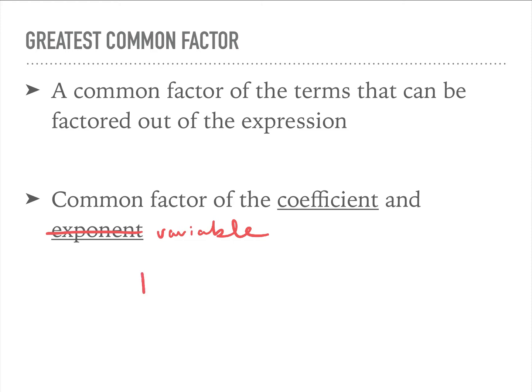So the lowest amount of variables, or the lowest variable, is what gets taken out. So the least amount of variables that each thing has in common.